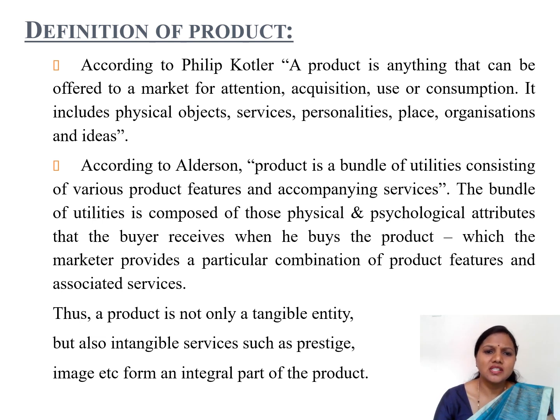It includes physical objects, services, personalities, places, organizations, and ideas. Just now I told you a product can be anything. It can be a physical object, services, personalities, places, organizations, or anything.